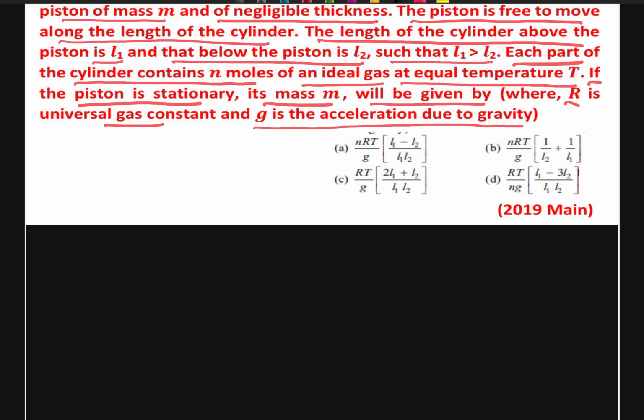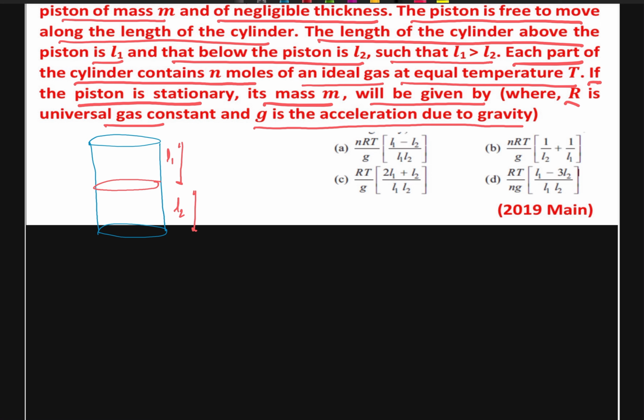So we can just draw the approximate figure for that. So this is a cylinder and in between there is a piston. Suppose this is the piston, and above it is given a length L1, and below we have length L2, and this is said to be in equilibrium.